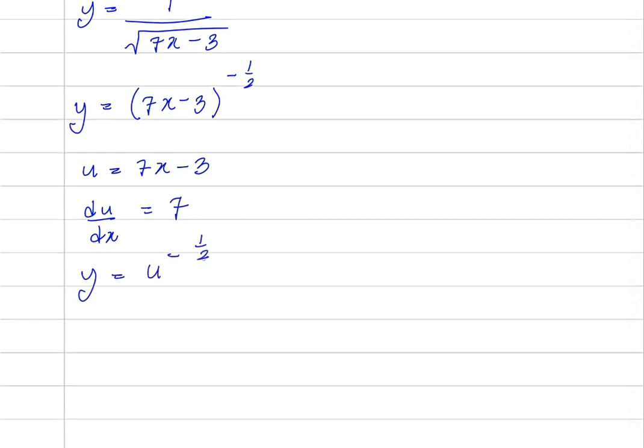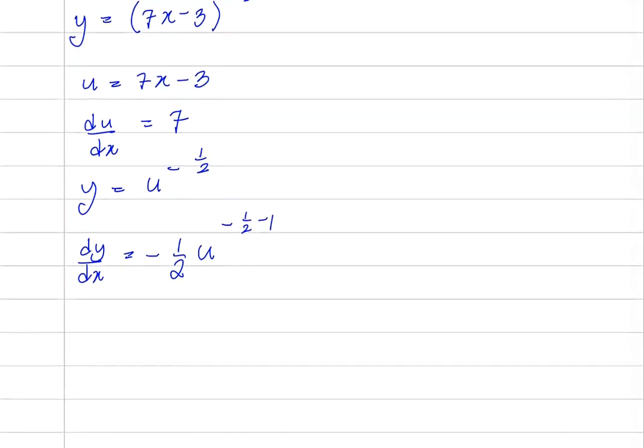This is a power differentiation, so let's differentiate. dy by du, the power comes to the front, which is minus a half, times u, and then the power decreases by 1, so that would be minus a half minus 1. I was wrong earlier, this should have been dy by du.